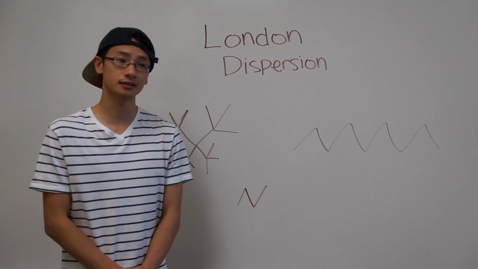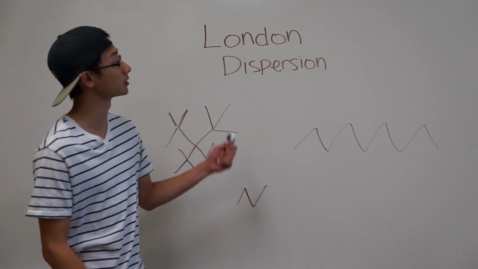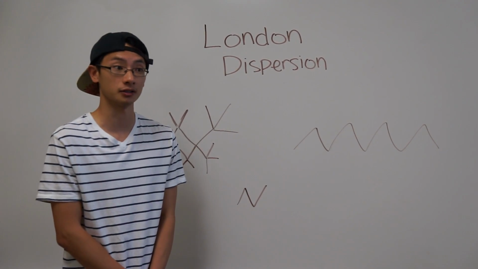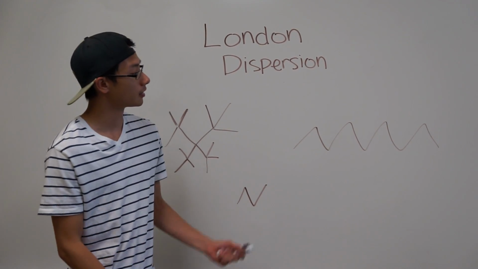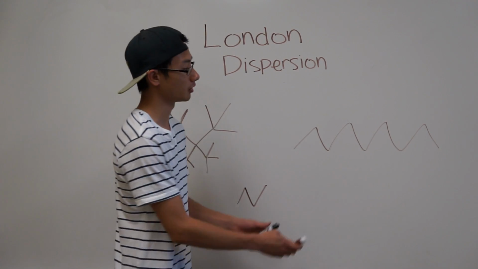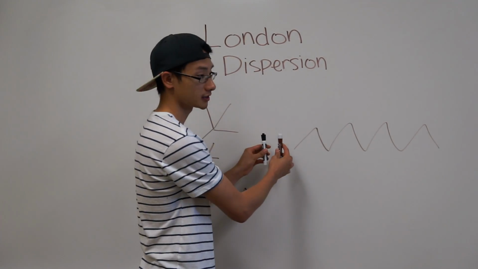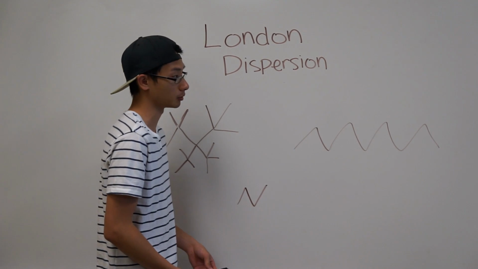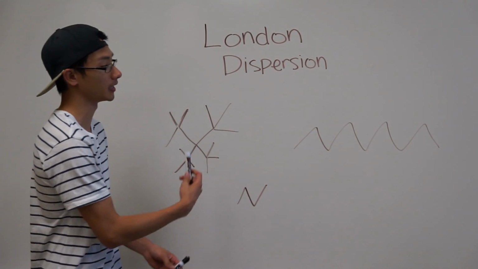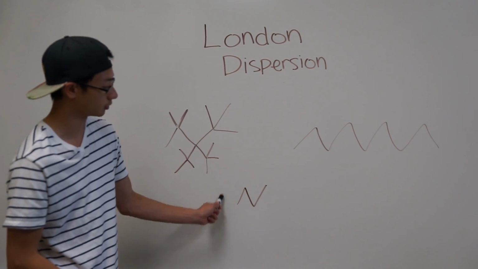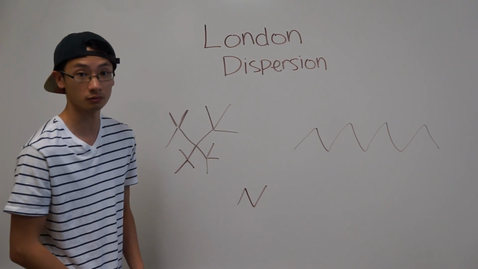There are two things to take into consideration when you're talking about London dispersion forces. The first is the size of the molecule, the more surface area. Larger size means more electrons, right? So if more electrons move to one side, it's going to create a larger dipole moment, just briefly. But it still is a larger dipole moment compared to this one, which only has a few electrons.